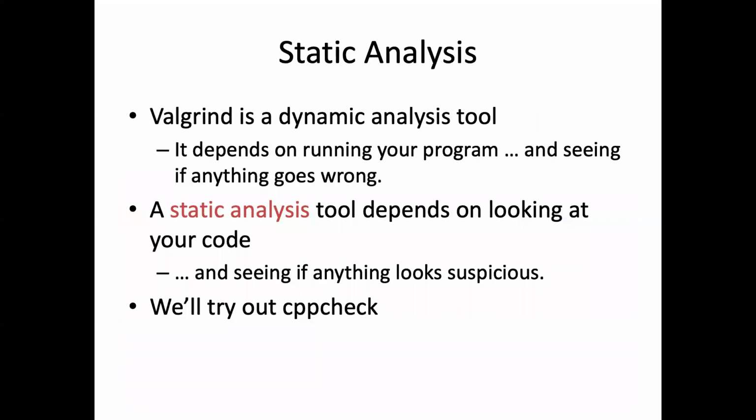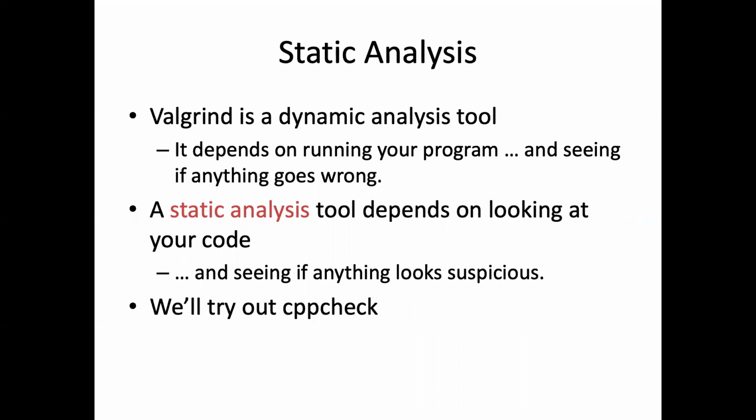All right, valgrind, we saw a bunch of things you can do with it, and it supports different kinds of error checking. I said it's a dynamic analysis tool because you have to run a program to use valgrind. It watches what happens as your program is running. And that's a nice way to try to detect errors, but it can't detect errors that don't actually happen when your program is running.